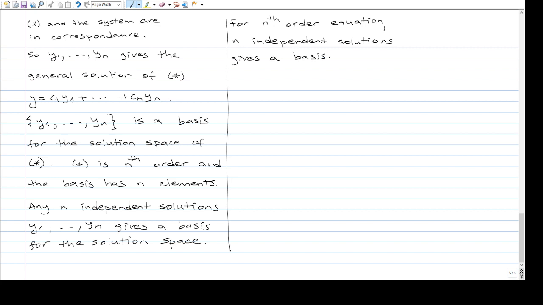Now, let's say somehow, without referring to the system or anything else, because in general solving systems may be hard, you're given n functions which you know to be solutions of your equation. How do you know that they are independent? To check for independence, we check the Wronskian.